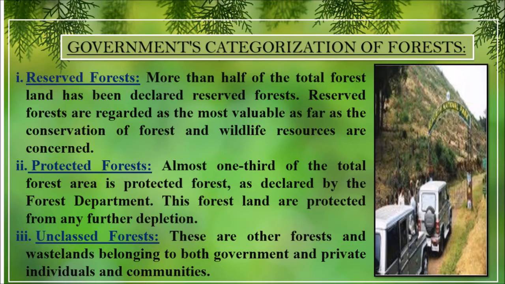From any further depletion. Almost one-third of the total forest area is protected forest because they want the depletion not to go on increasing. To stop that, they have segregated some areas under the protected forest.